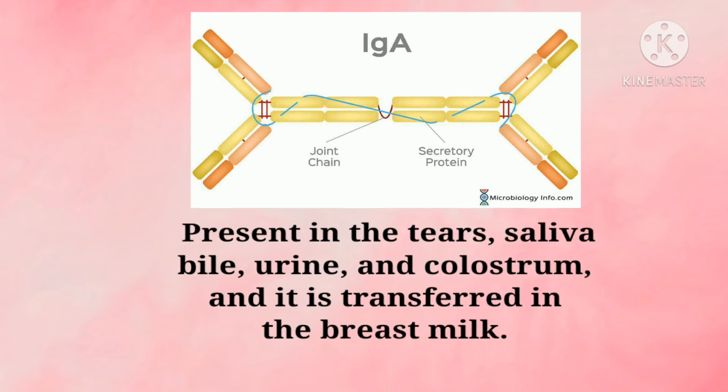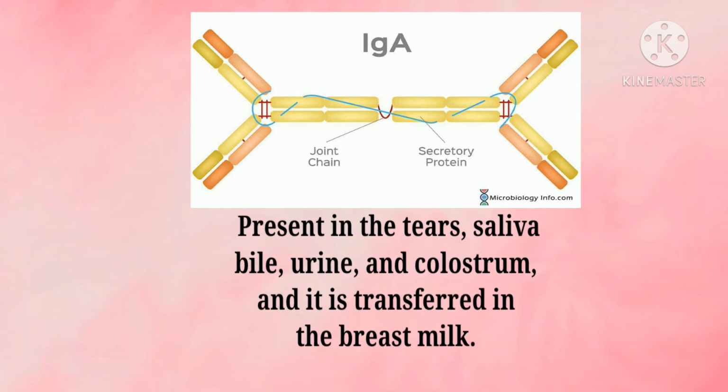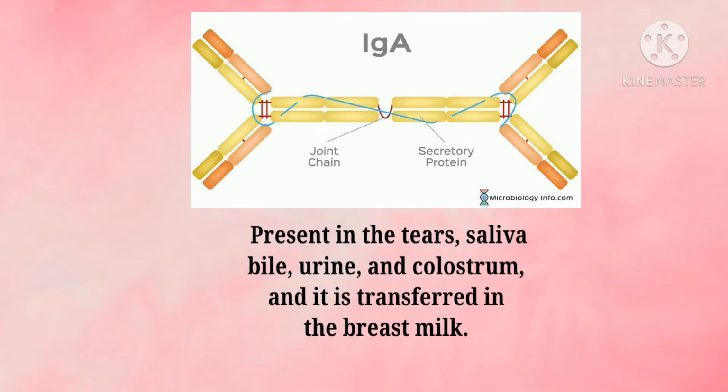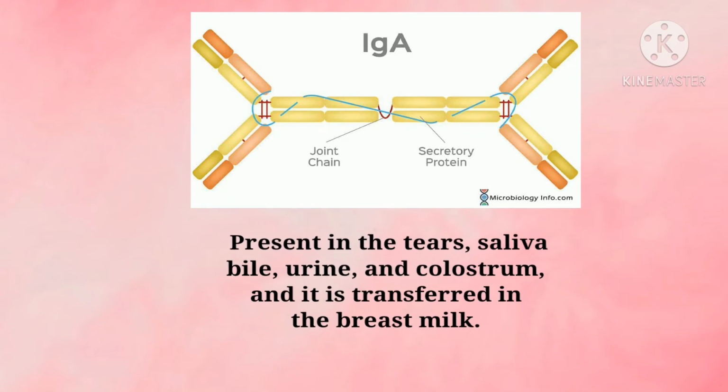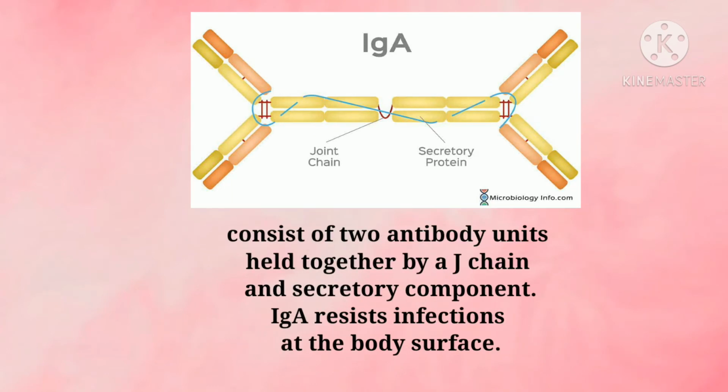It is also present in tears, saliva, bile, urine, and colostrum, and it is transferred in the breast milk. IgA consists of 2 antibody units held together by a J chain and secretory component. IgA resists infections at the body surface.